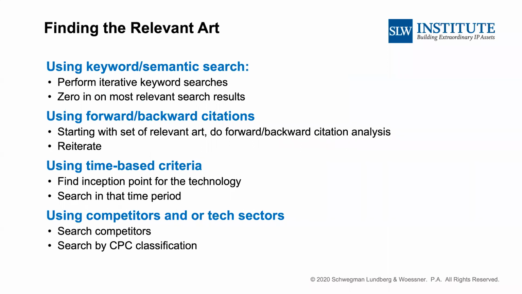So Mark, I'll let you walk through this, but before you get started, I would just say at a high level, the way that I've seen many of the FTOs progress is you start out with trying to find a seed. You find the best reference you can, or best potential prior art, or not necessarily prior art, but a patent you may need to worry about, and then build on that and go out from there by improving your keyword searches.